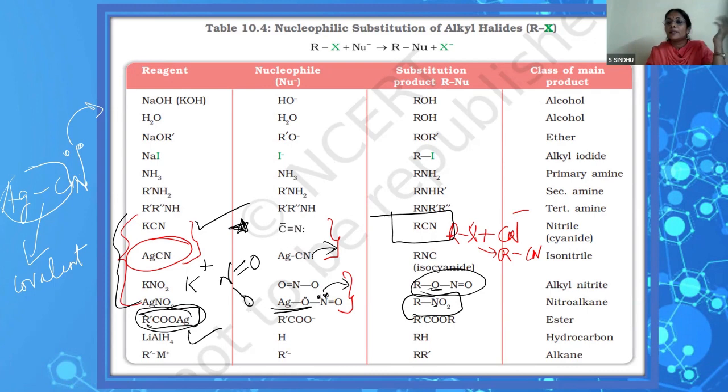When we treat with lithium aluminium hydride, if I'm using RX, say chloromethane, chloromethane with lithium aluminium hydride gives methane. Chloromethane with sodium and ether will give ethane, right?